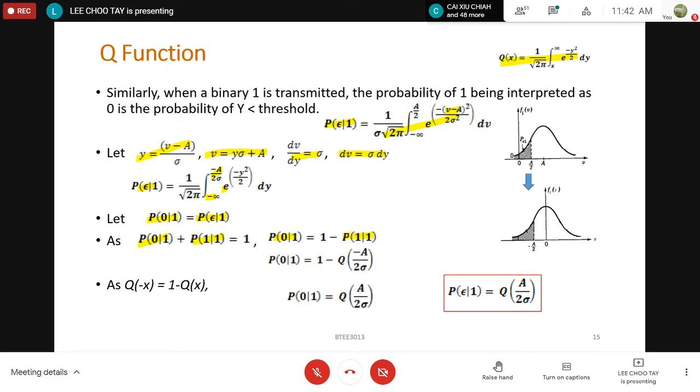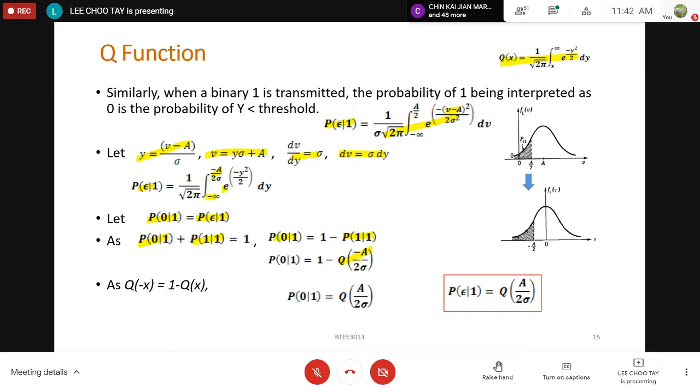So what is the probability of 1 being detected when a 1 is sent? It is equal to Q of minus a over 2 sigma.